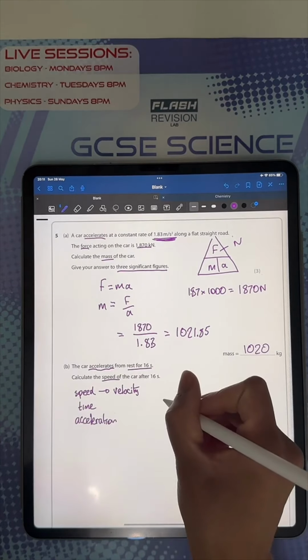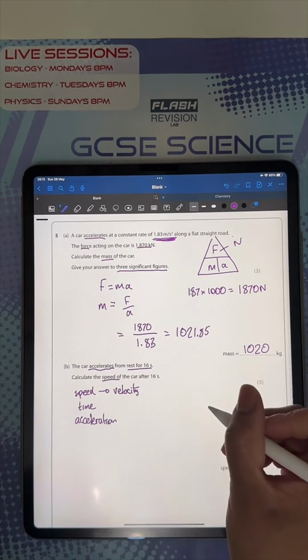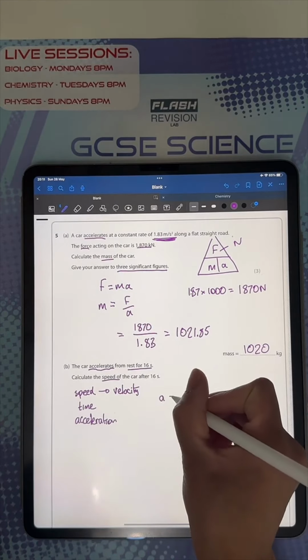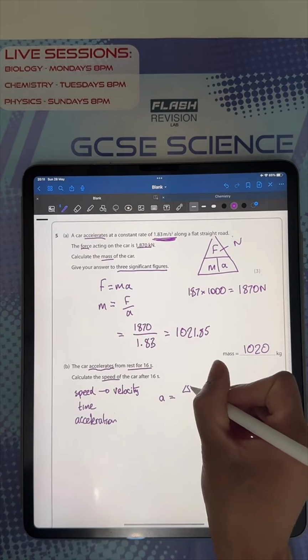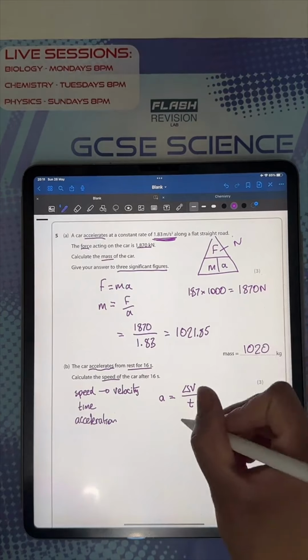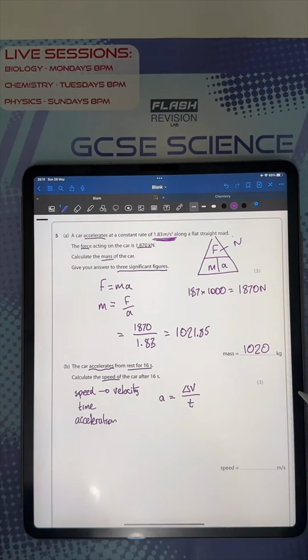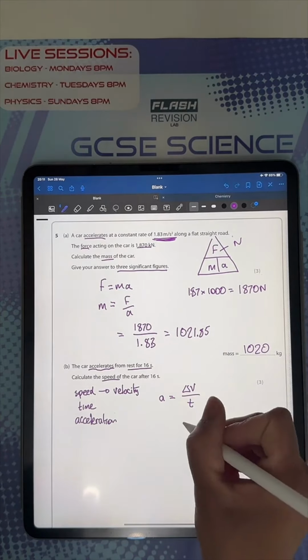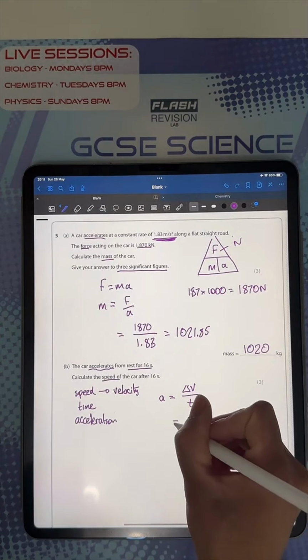So acceleration is equal to change in velocity over time, right? So we can work out the change in velocity using acceleration times time.